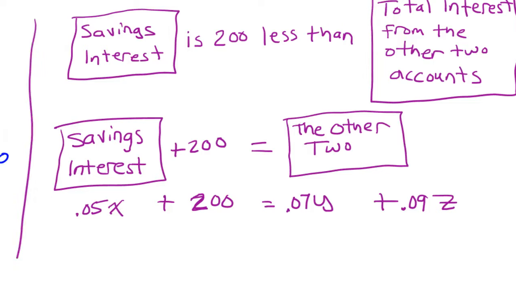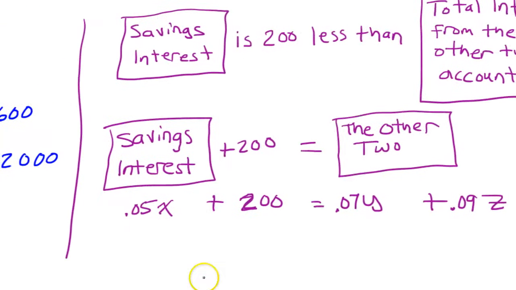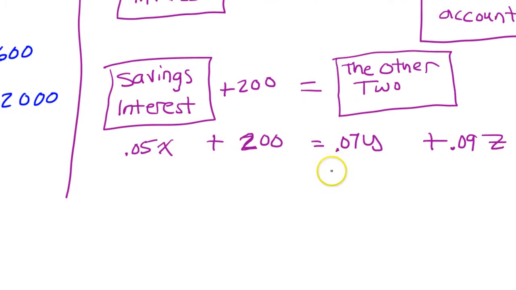Now, of course, to add this to my system of equations, I need to rewrite this in standard form. So I need to subtract 0.07y from both sides and subtract 0.09z from both sides.